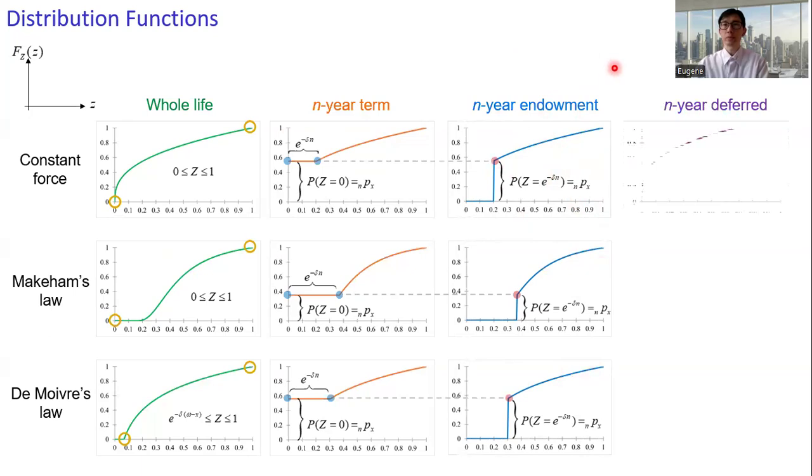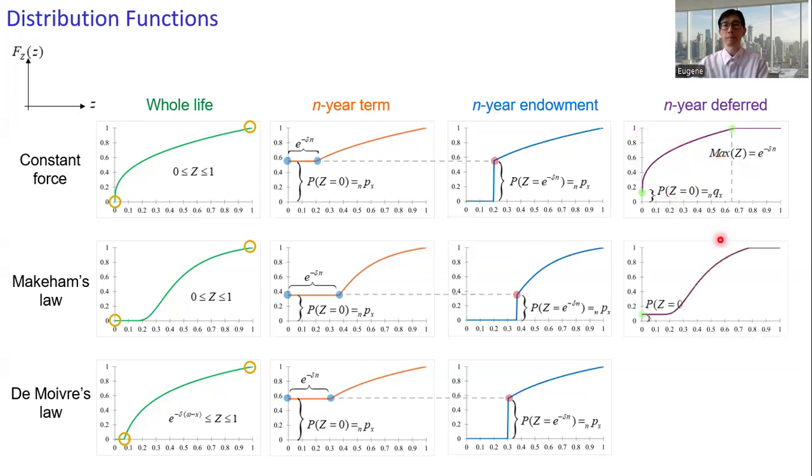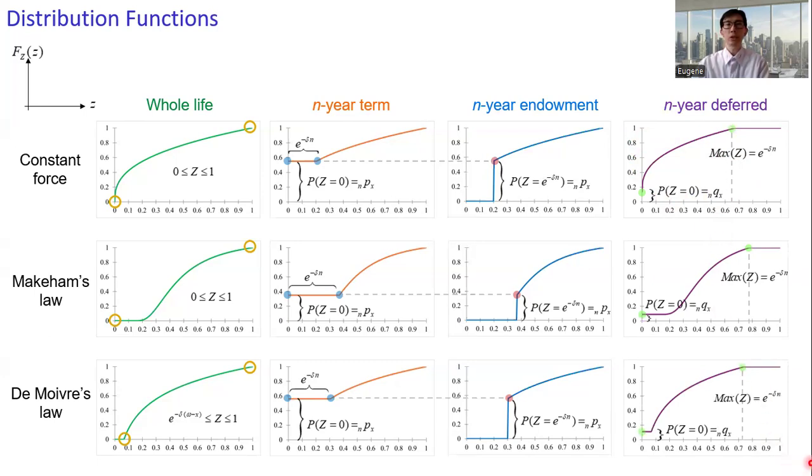For deferred insurance, there's a probability mass at z equals 0, and the probability is nqx. And there's a maximum value of z that occurs at Tx equals n. And these are the graphs we have covered in this video.